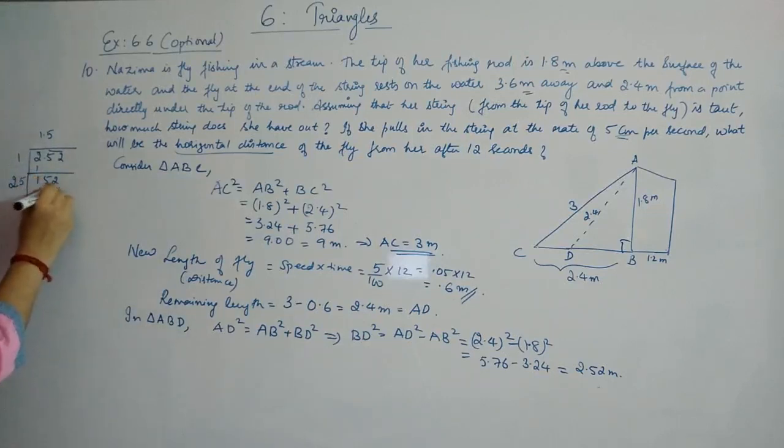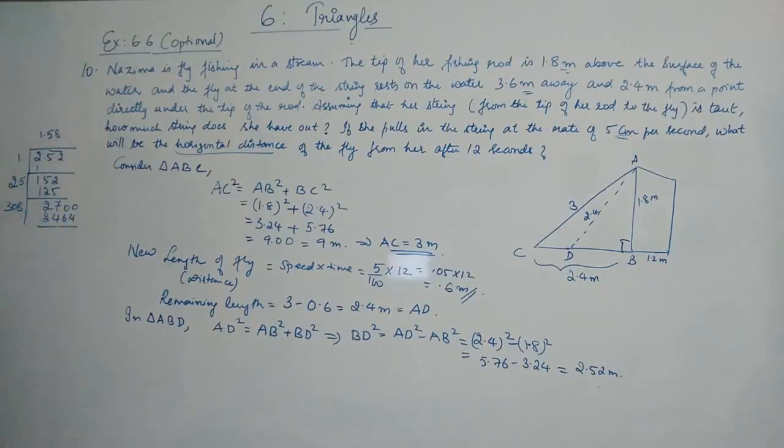Then subtracting, how much will you get here? 7, then 2. Okay, 27. Now putting 2 zeros here, 15 into 2 will be written here, and you have to find a number so that you write the same number here. Multiplying, I am getting 8 to be an apt number, so I am replacing here with 8 as well as here with 8, and 308 into 8 is giving you 2464.